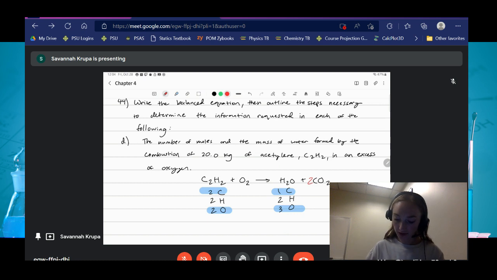So since we put a 2 on the CO2, that'll change the amount of coefficients. So now we have 2 carbon, and we have 4 oxygen. We actually have 5, my bad. We have 5 here. And so because we have 5 here and 2 on the left, we're going to have to put a different amount of oxygen on the left.